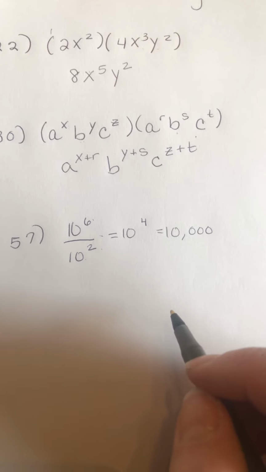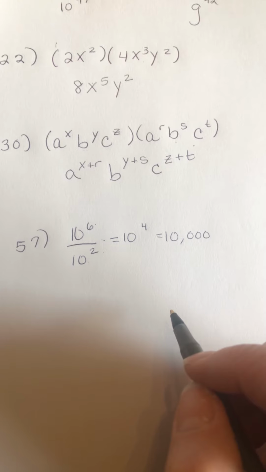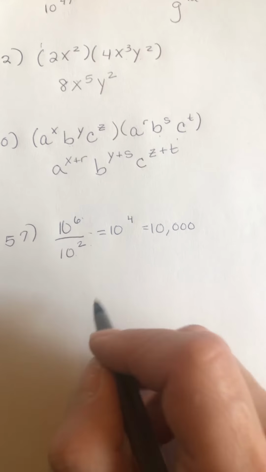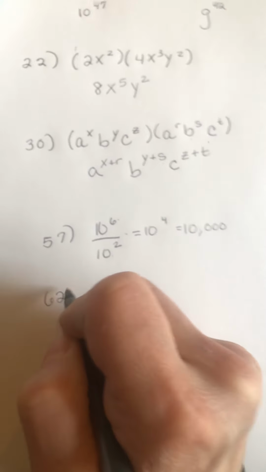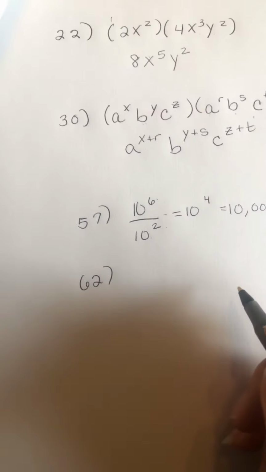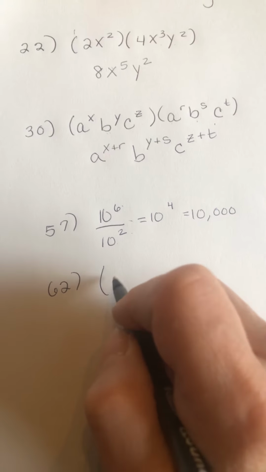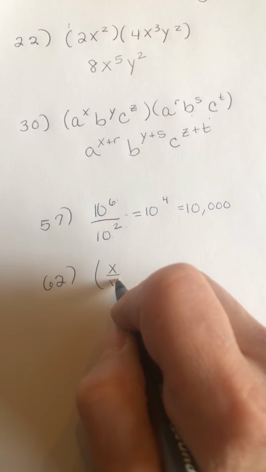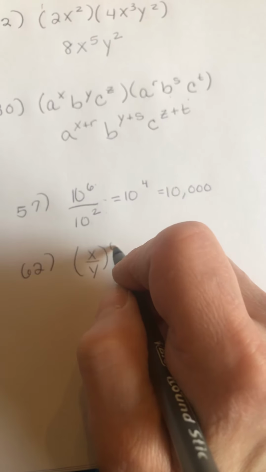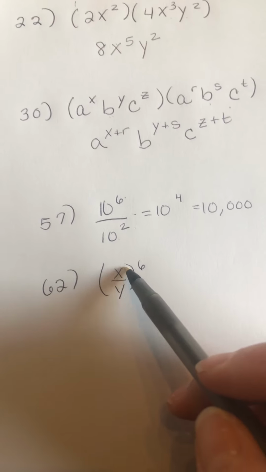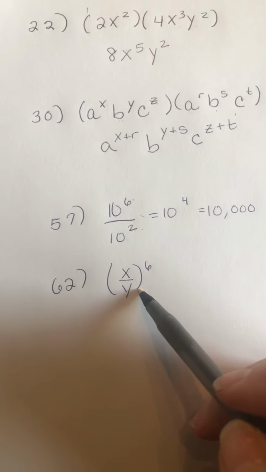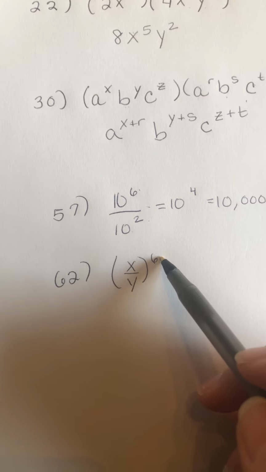If we check out problem number 62, this uses a combination of our laws here. We have x divided by y to the 6th power. So you can see that we have division, but we also are raising this quotient to a power.